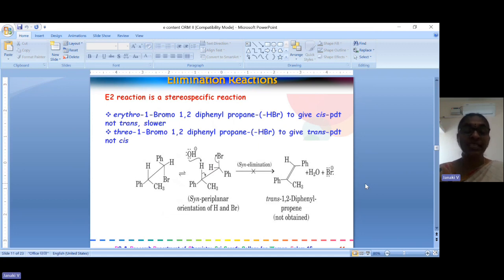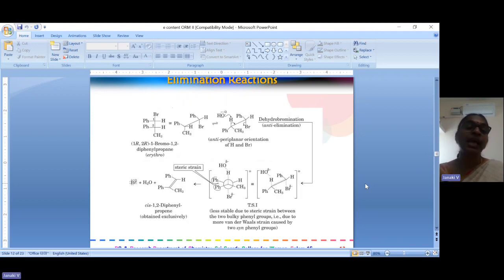So we can see from this equation that in the syn periplanar orientation, both the hydrogen and Br are cis to each other. So there is no syn elimination. So there is no formation of the trans 1,2-diphenylpropane. And the same for the erythro form of 1-bromo-1,2-diphenylpropane, which undergoes an antiperiplanar orientation.